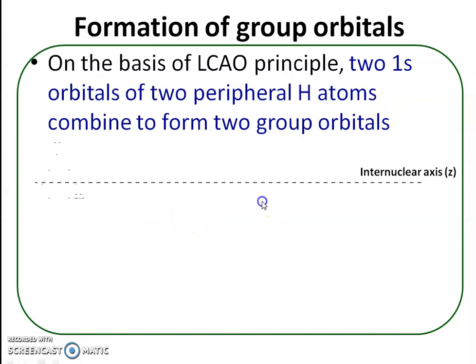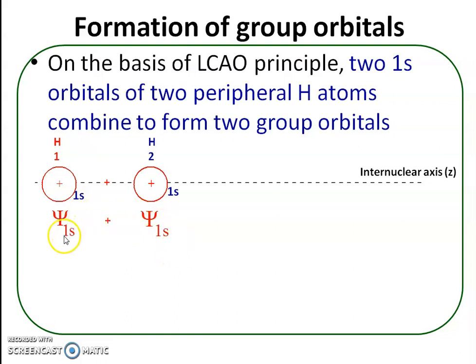There are 2 hydrogens. Hydrogen 1 contributes a 1s atomic orbital with positive sign wave function, therefore it is plus psi 1s. Now the second hydrogen also contributes a 1s atomic orbital with a positive sign wave function, and therefore it is also plus psi 1s. So psi 1s plus psi 1s.